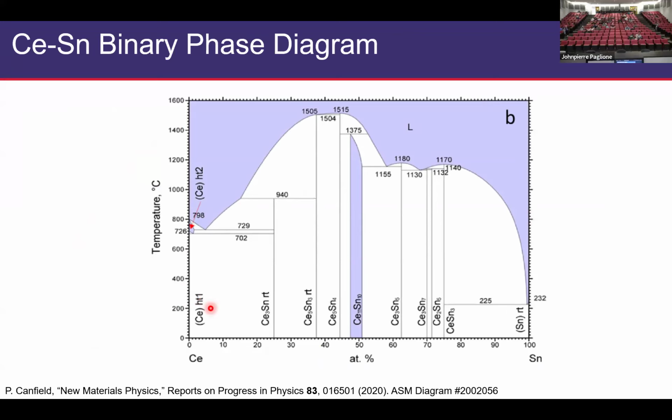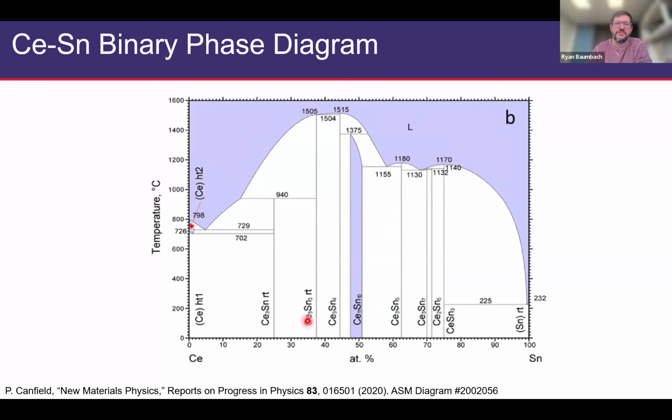The reason I like to show this one is that it illustrates that in reality, these phase diagrams can have a lot of complexity in them. Some of them are incredibly simple. Some of them have a lot of complexity. In this case, for cerium and tin, there are a large number of phases. Some of them are congruently melting.